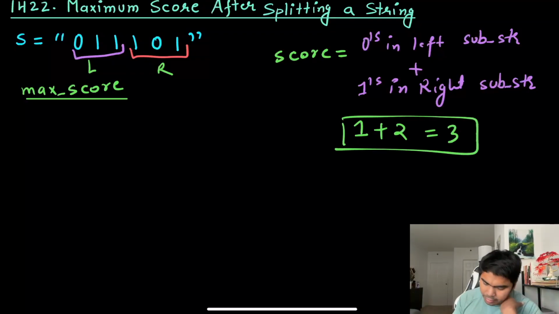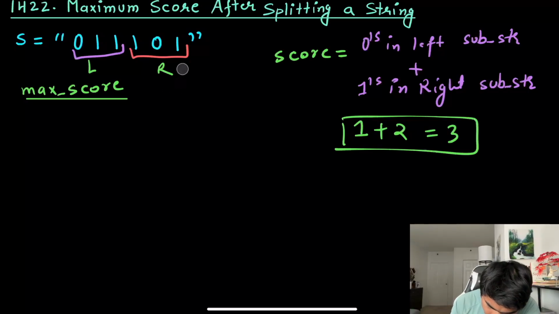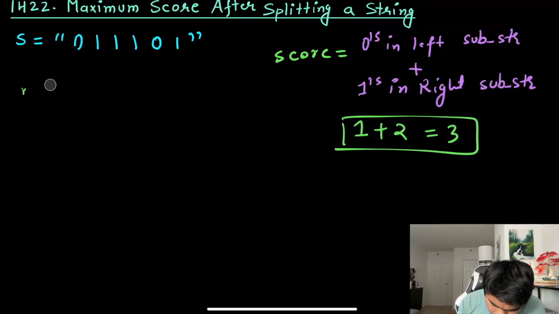But is that the maximum score? Because we do still have the possibility of splitting it into multiple parts, right? Like we can split this string at multiple positions into two non-empty substrings. What I'm trying to say is, let's say if I remove these two parts right now, I could still split this substring into, let's say, two parts right here, one part and then second part.